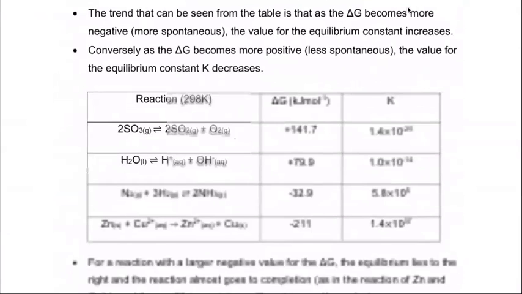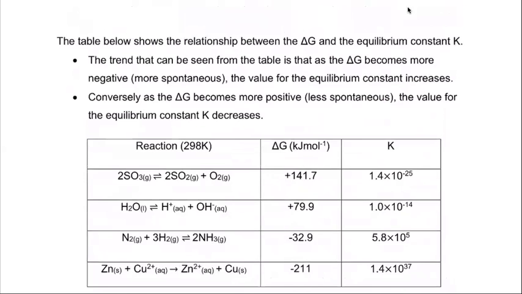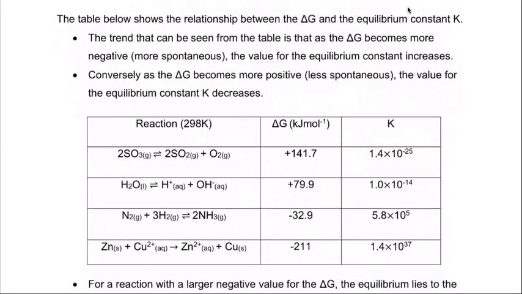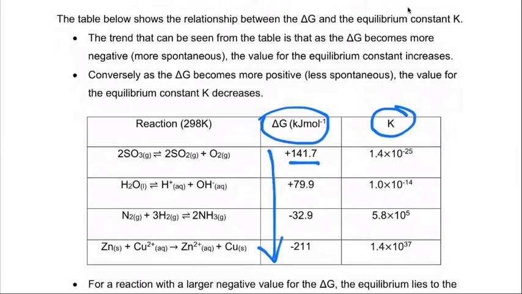And then the very last part that's on your video notes already on Canvas is this table that shows the relationship between these two things, okay? So here are delta G values, in kilojoules per mole, and here are equilibrium constant values. The trend that we can see is that as delta G becomes more negative, because if you look here, it's positive 141, positive 79.9, and then now it's negative, and now it's a larger negative number.